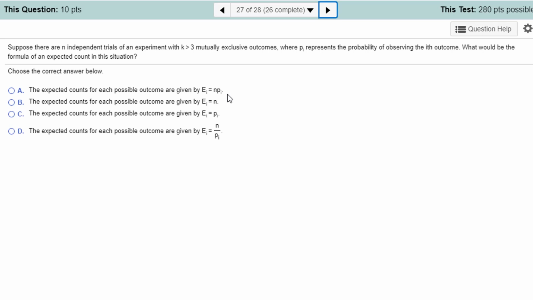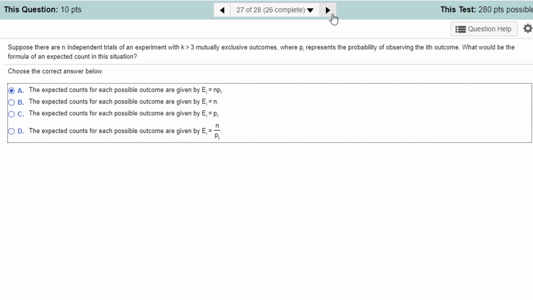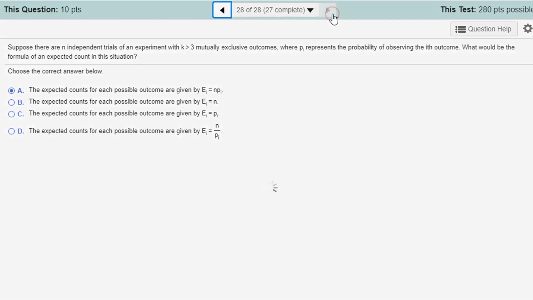Think about rolling a 6-sided die. The probability of getting a 6 is 1 over 6, right? That's my P6. Let's say I roll the die 50 times. The expected number of 6s is 50 times 1/6. So that's the formula. That's not so hard.